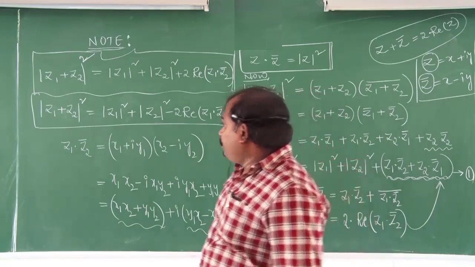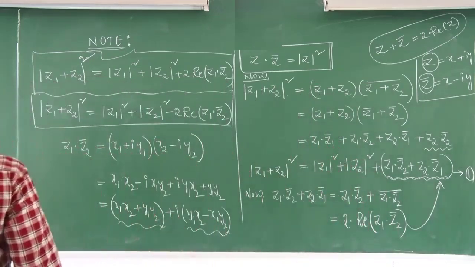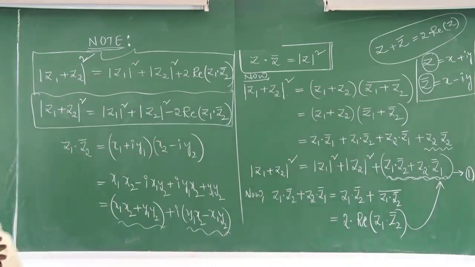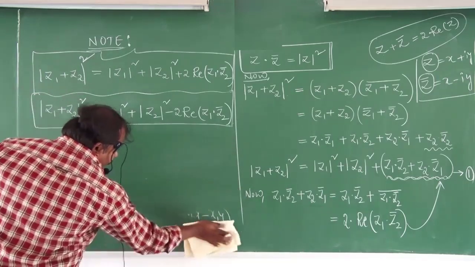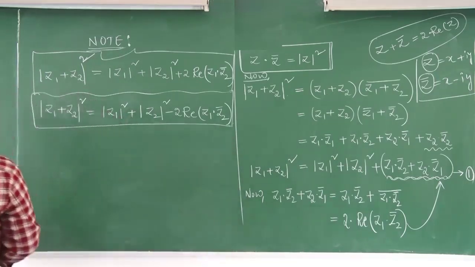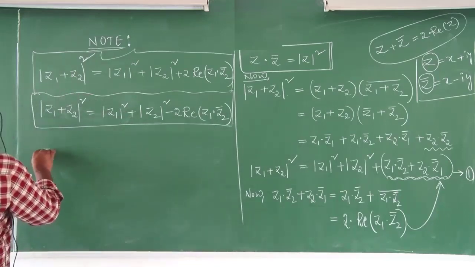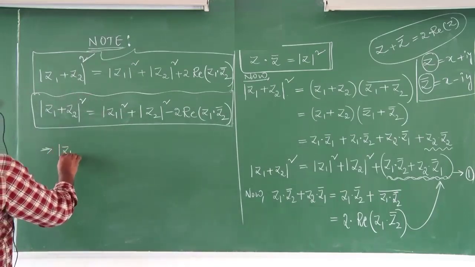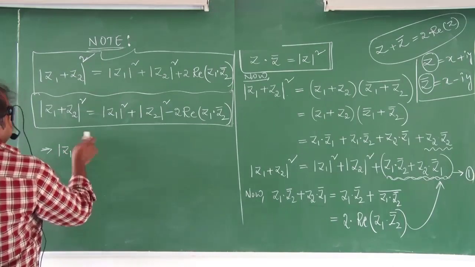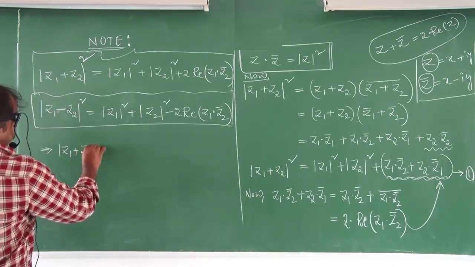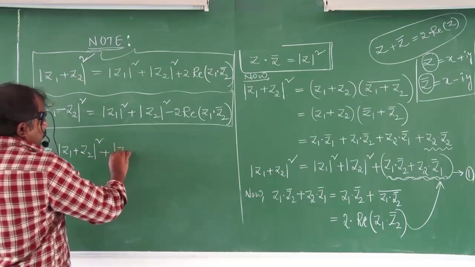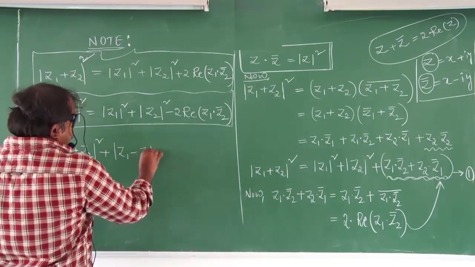Okay. Next, if I add these two values, what can I get? If I add them, I can get modulus of z1 plus z2 whole square plus modulus of z1 minus z2 whole square.